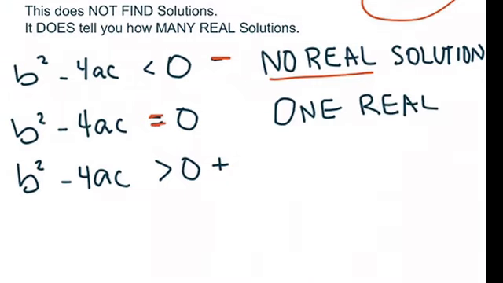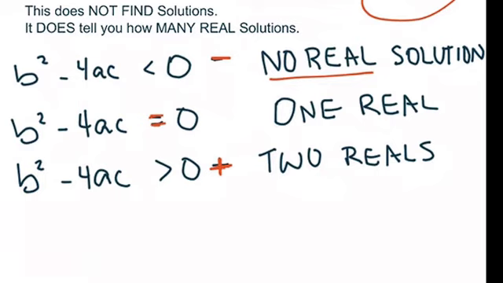And if b squared minus 4ac is greater than 0, where the number is positive, then there will be two real solutions. So this just keeps you from doing more work than you need to. If it ends up being a negative number, there's no real solution, and you don't need to keep going with the process if you're only looking for real solutions.